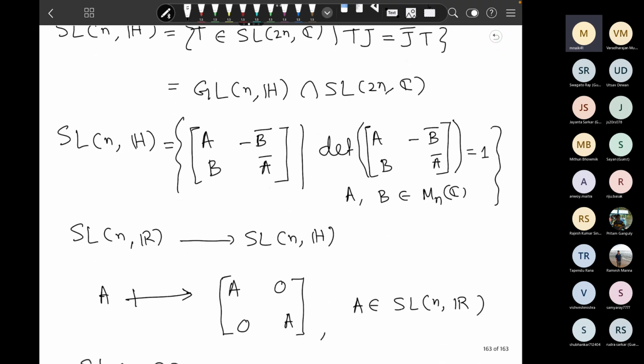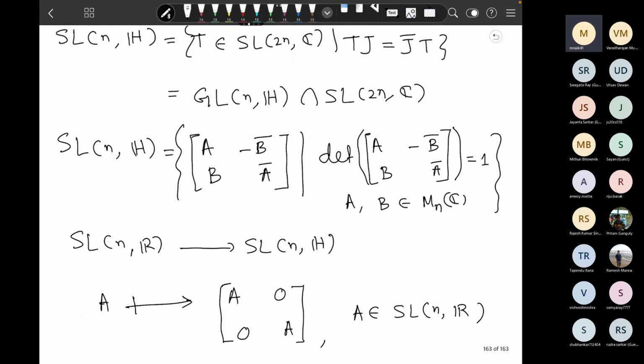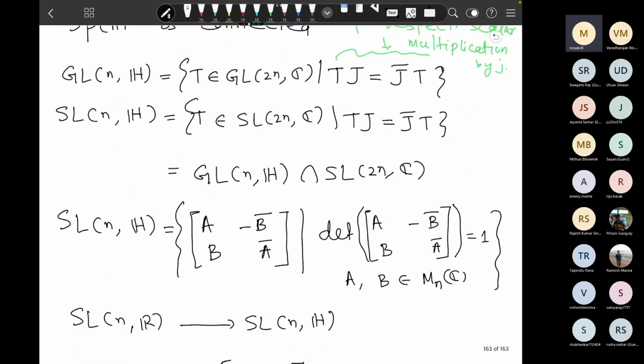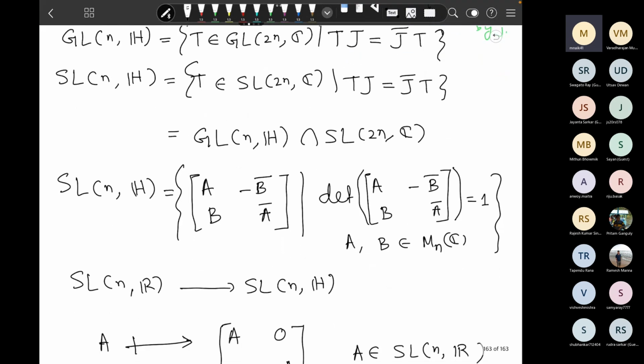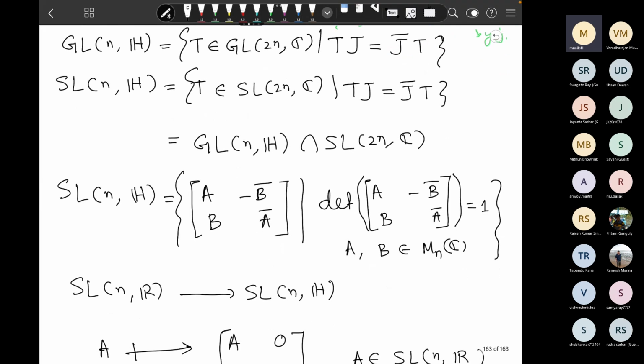We will show that GLNH and SLNH are connected, and for that we will use the polar decomposition lemma, using this embedding inside GL2N(C). For that we have to show that GLNH is closed under conjugate transpose.